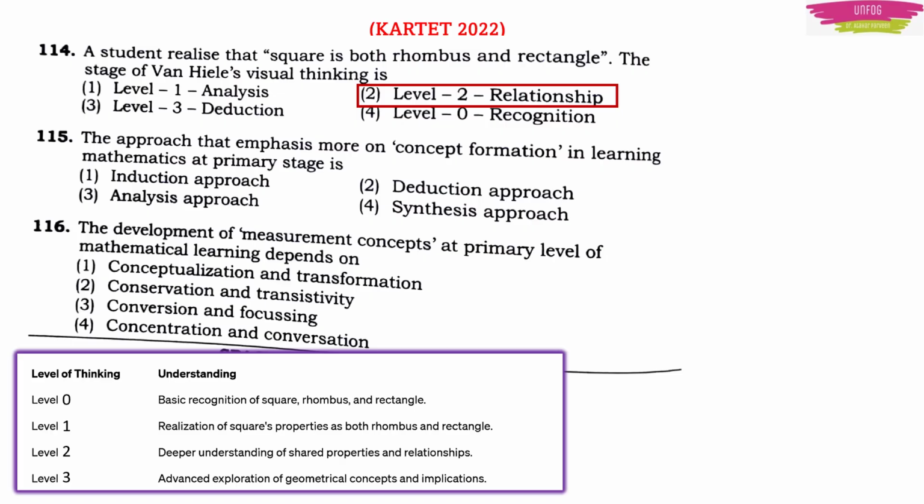Here the student is analyzing. Okay. Then in level 2, deeper understanding of shared properties is taking place in mind, and the student is able to decide the relationship between the square, rhombus and rectangle. So this is level 2. Okay, that's why our option 2, level 2 is the correct answer for this question. Okay, and the last level, the deduction level, is wherein the student is doing advanced exploration of geometrical concept and implications. Okay, clear, right?